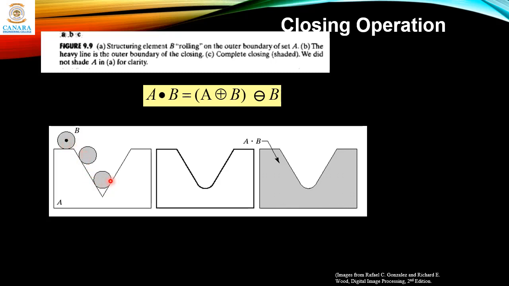And once you perform this closing operation, we need to retain the points which are on the edge of the disk. So here in this point it won't touch this sharp corner, so it will be rounded. That is the result. So closing fills narrow gaps and notches. That is the difference with the opening operation.